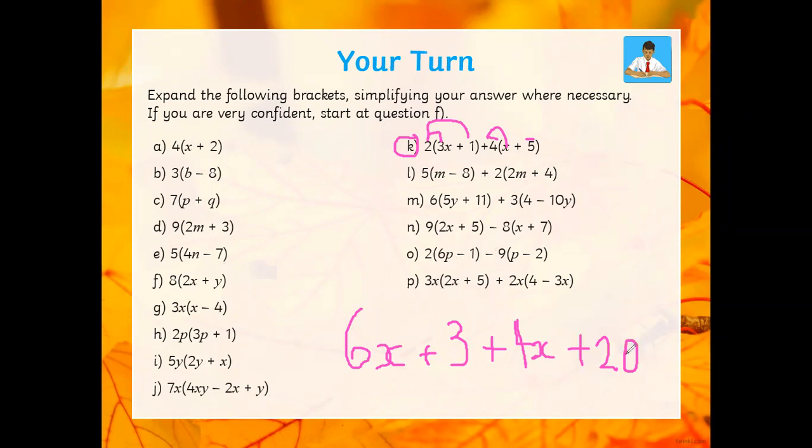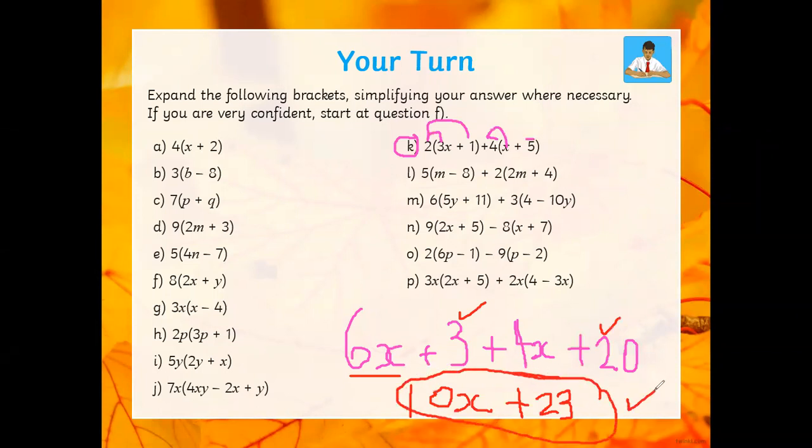That's it. Now you simplify. You don't leave it like that because x and x can be joined up. That's what we did earlier. So this is 10x. 3 and 20 can join. It will make 23. Of course, standard one also know this. 3 plus 20 is 23. So your answer, 10x plus 23.